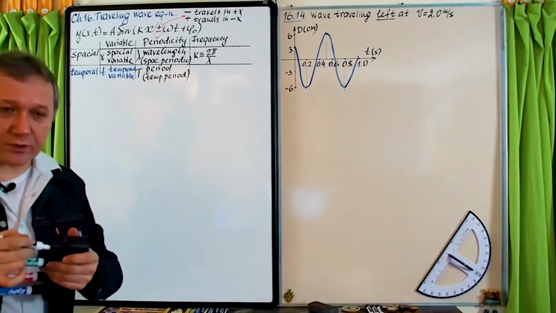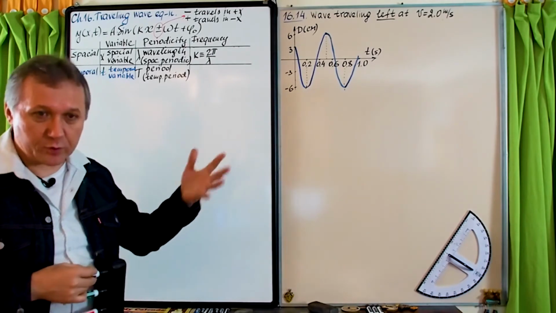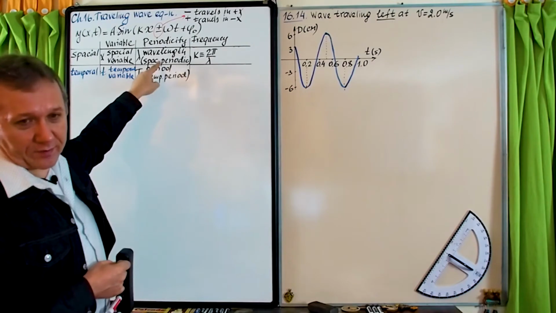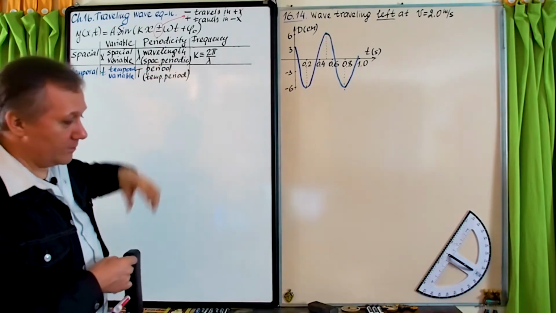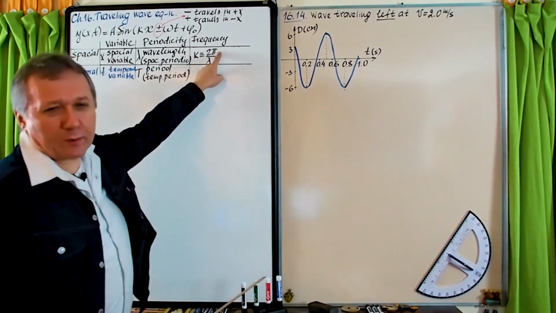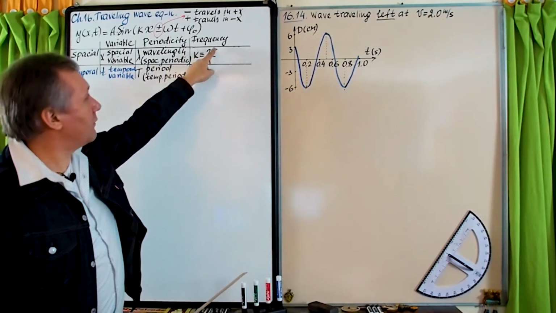So you see, look at the structure. It's 2 pi, of course in units of radians, divided by spatial periodicity. Let's forget about 2 pi for a second. So you'll have 1 over lambda.